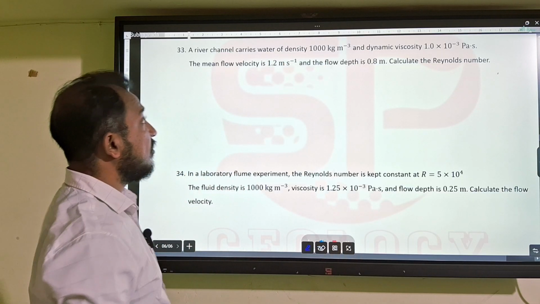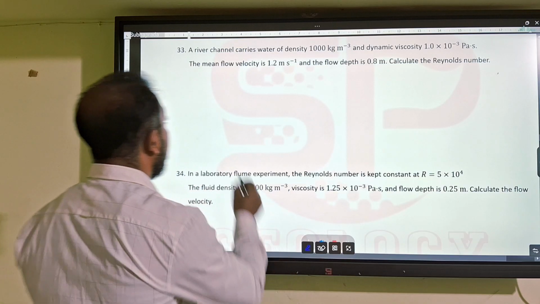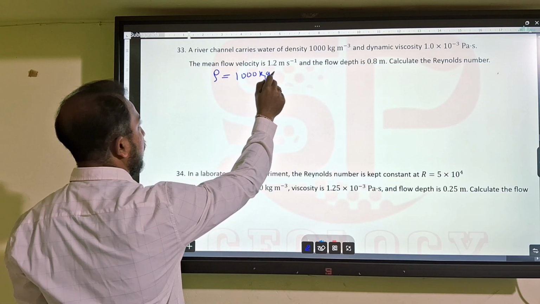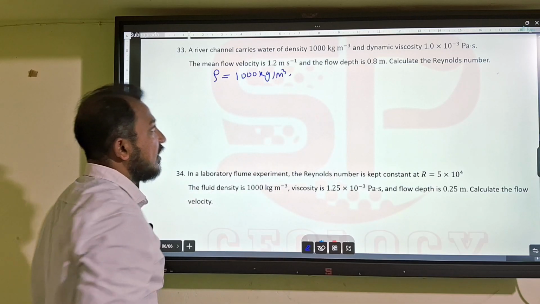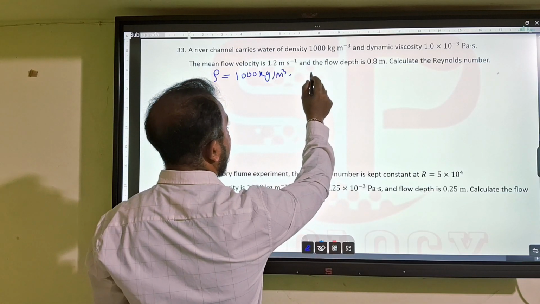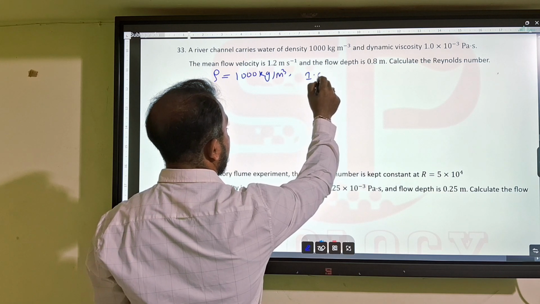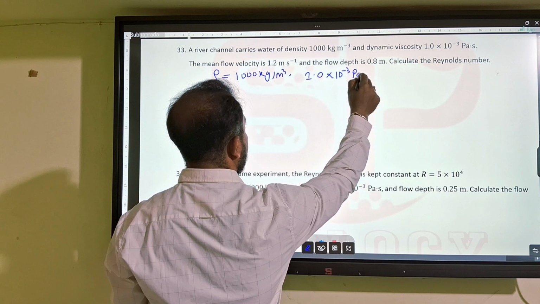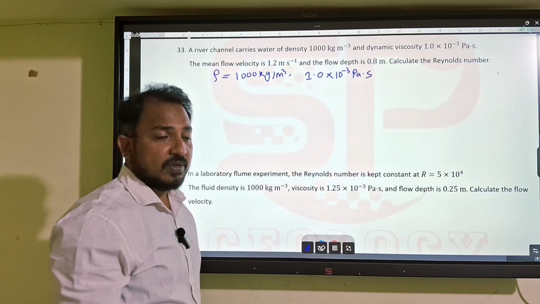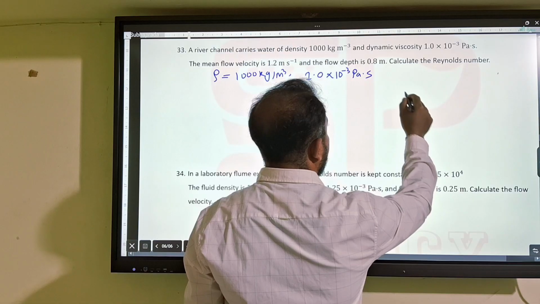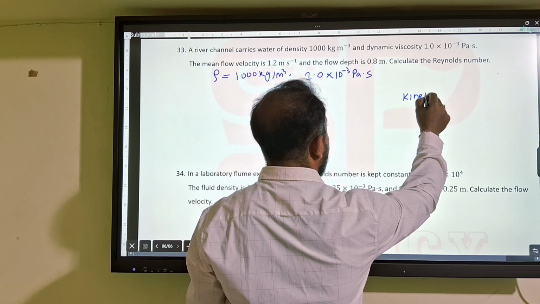The river channel carries water. The density is given here, rho is 1000 kg per meter cube. Then dynamic viscosity is similar to viscosity. Then there is another parameter, kinematic viscosity.